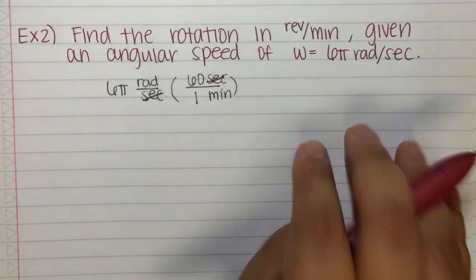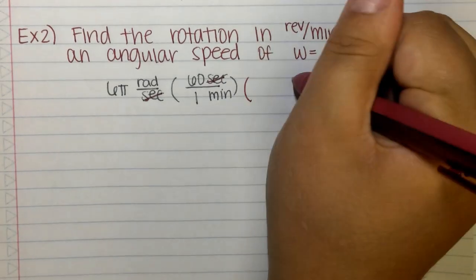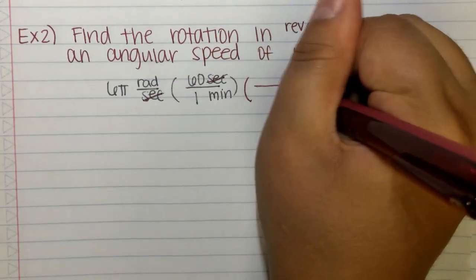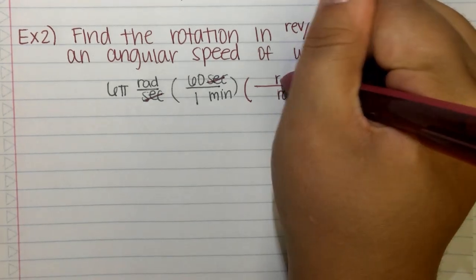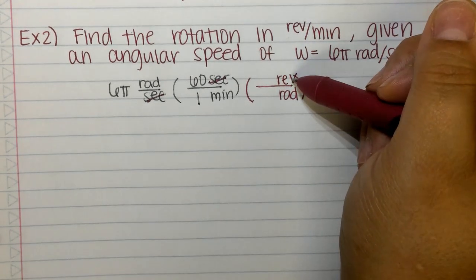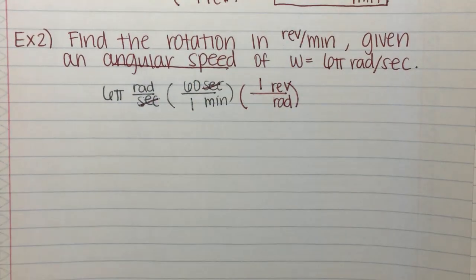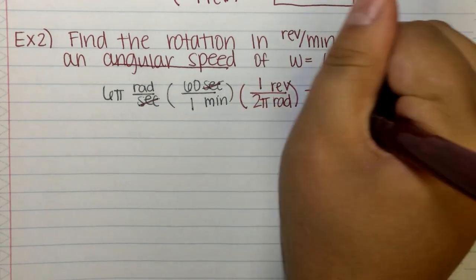If you did it equal and then did it again, that's fine. I'm going to do it in one long line. It doesn't matter which way you do it. Now, I want to get rid of the radians on top. And what do I want on top now? Revolutions. Anytime we have revolutions, we put 1. And this is angular speed. Looking at the top of our paper, 1 revolution is 2 pi radians.